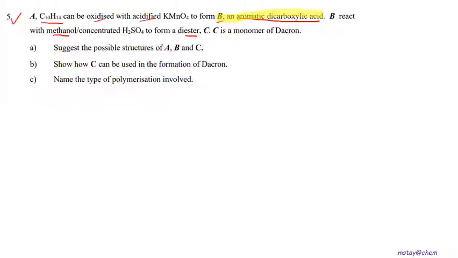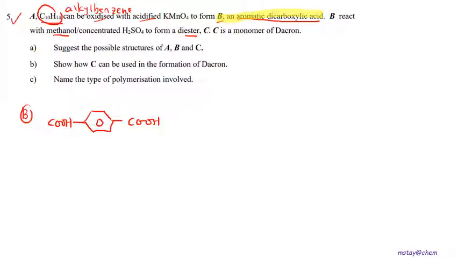So as we know, aromatic means that the structure basically contains a benzene ring, and then they will have two carboxyl groups. Because we are doing the chapter on polymers, normally they will be at opposite sides.